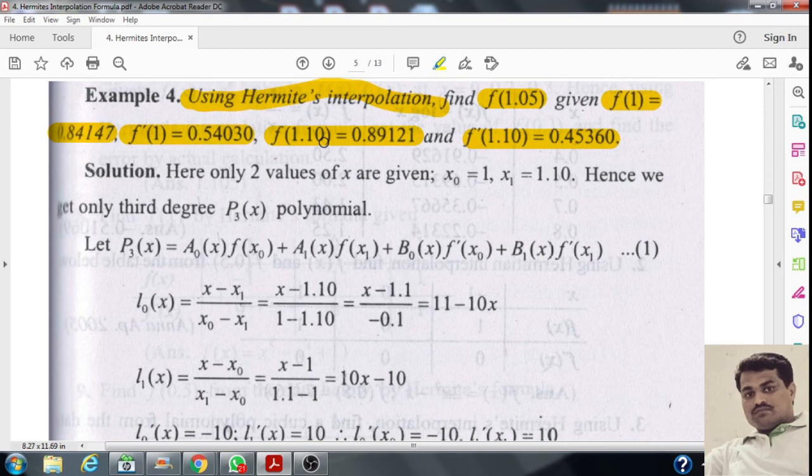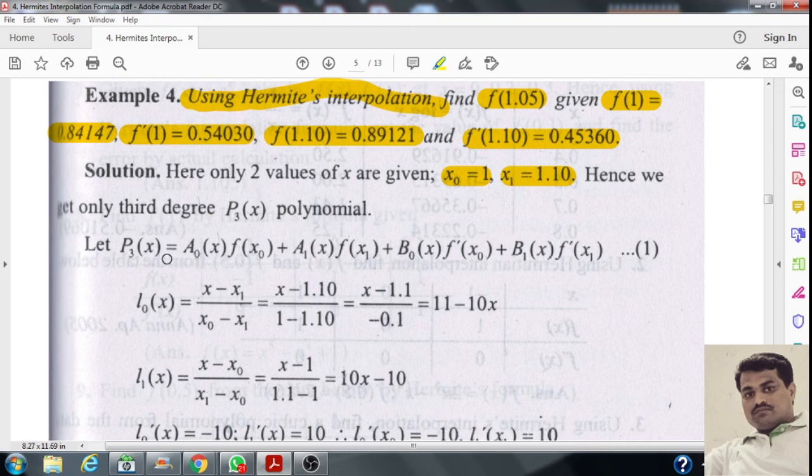Hence in this case only two values of x are given. Here the first value is x0 equal to 1 and x1 is equal to 1.1. Hence we get a third degree polynomial, because n is equal to 1. Hence 2 into 1 plus 1 is equal to 3. Hence the degree of the polynomial in this case will be 3.